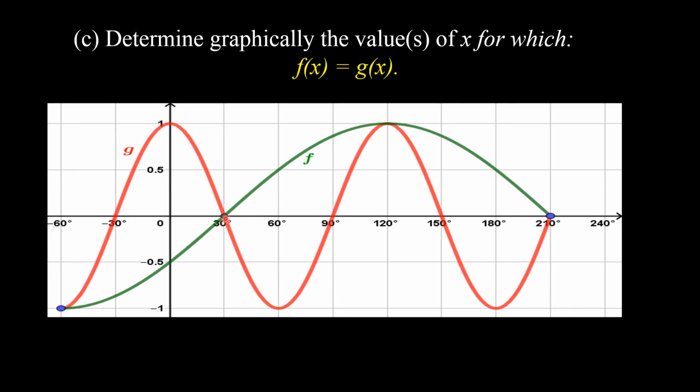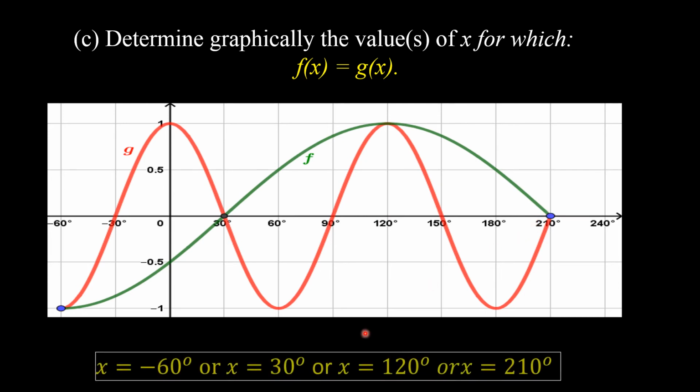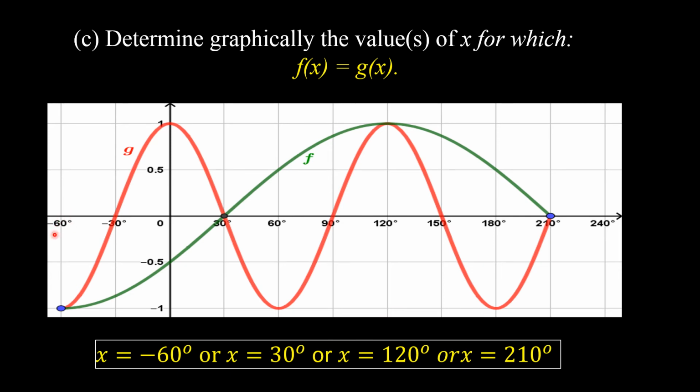Another point where they are equal: x is 30 degrees. Then we have x equal to 120 degrees here and 220 degrees. Okay, we got the answer from the graph: x equal to minus 60, or 30, or 120, or 220.